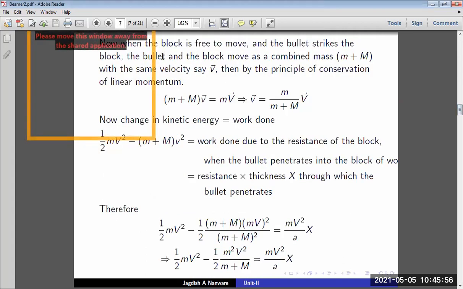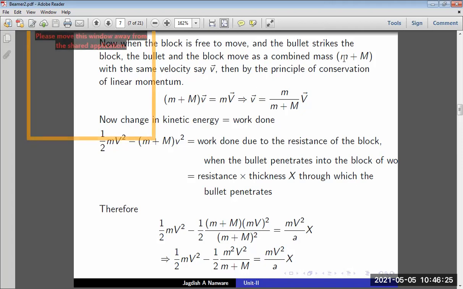Now, we have to answer this second question. So when the block is free to move, that is given in the second part of this example, and the bullet strikes the block, the bullet and block move as a combined mass. So the bullet penetrates in the block.